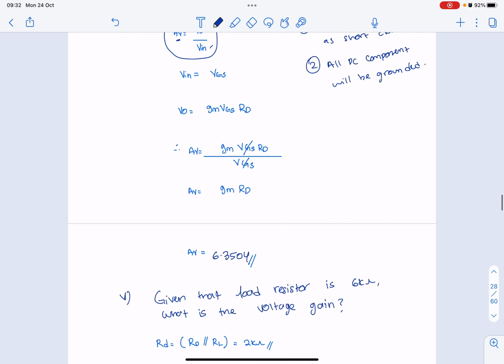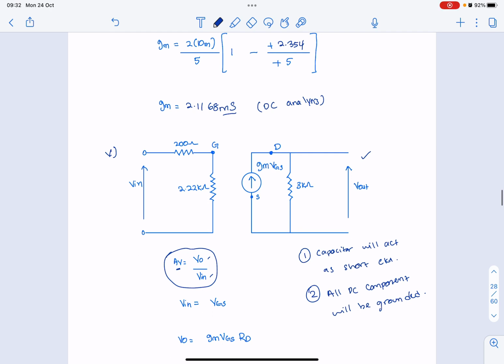So drawing your equivalent circuit, it becomes like this. Previously, this one was connected to your VDD, your supply of plus 20 volt in DC. Since your rule is that all DC components will be grounded, you need to replace this one with ground.